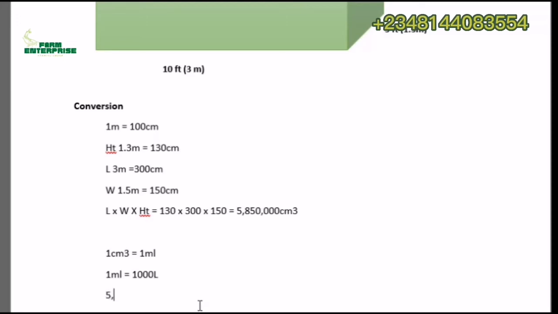5,850,000 divided by 1,000, now to get our liters. So we punch our calculator to do that. 5,850,000 divided by 1,000.